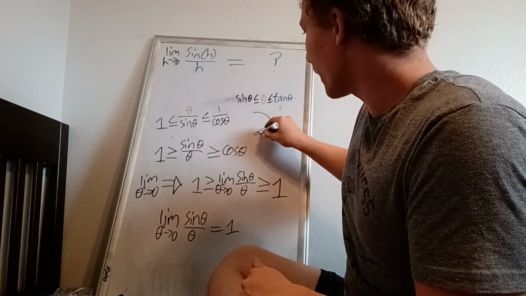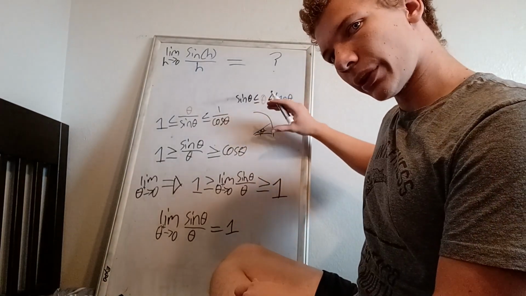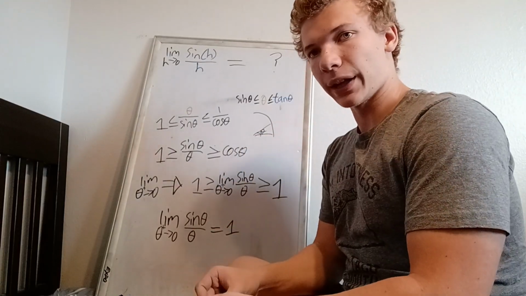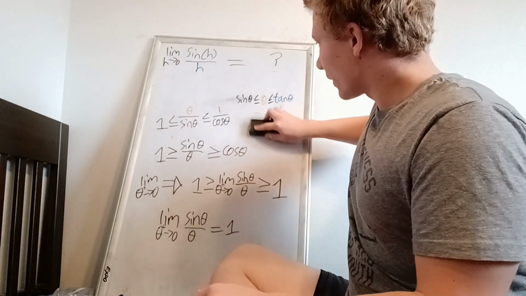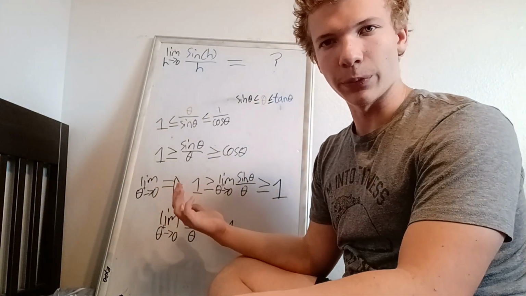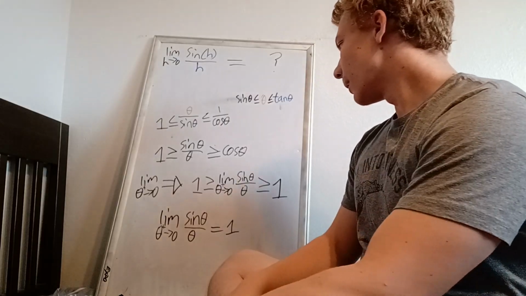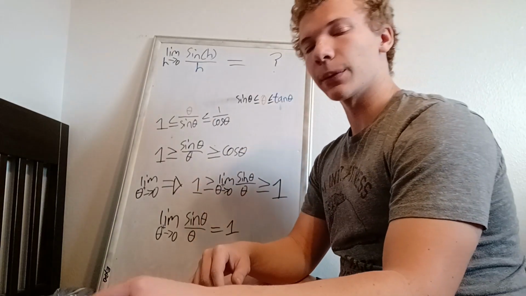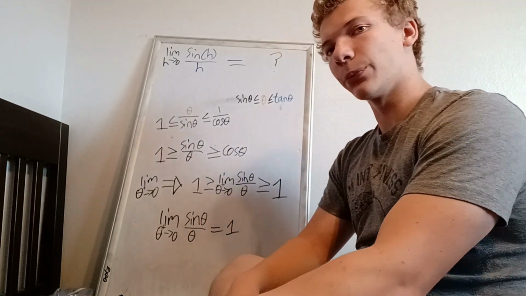We want this angle, theta, to get as small as possible to show how that limit works. When we do that, we find that the limit as theta approaches 0 of 1 is just going to be 1. It's just a number. But for cosine, the limit as theta approaches 0 is going to be 1.